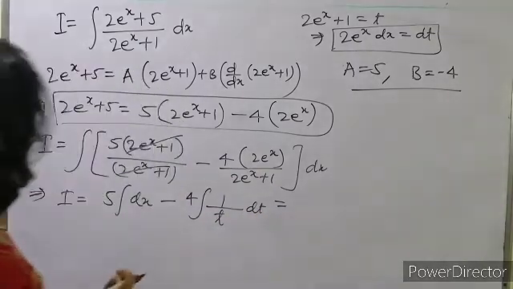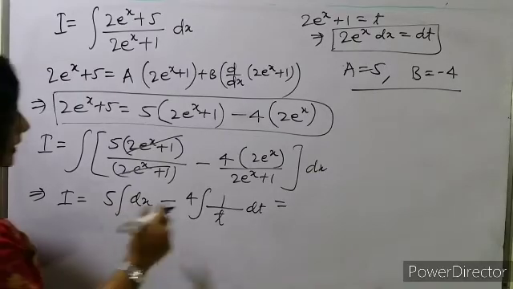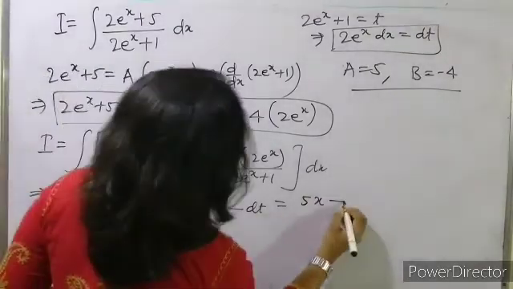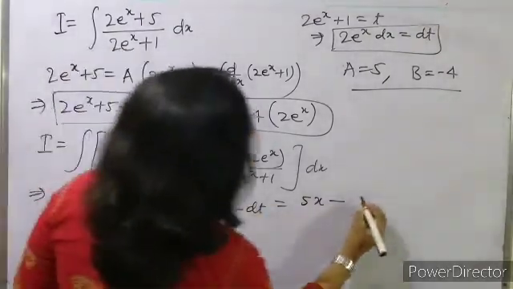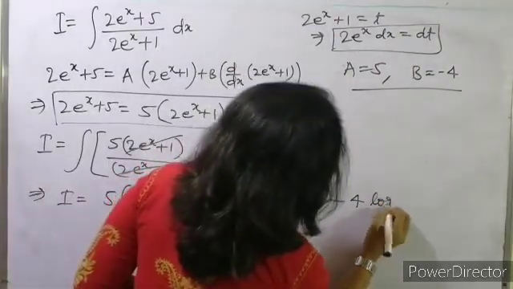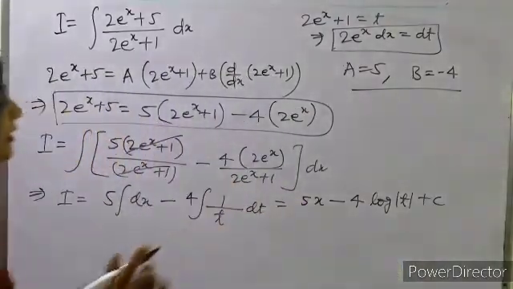So what value we'll get 5, and when we'll integrate 1 with respect to x, we'll get x. So 5x minus 4, 1 upon t को इंटीग्रेट करके what will get log of t, and plus c always we have to write whenever we are integrating anything.